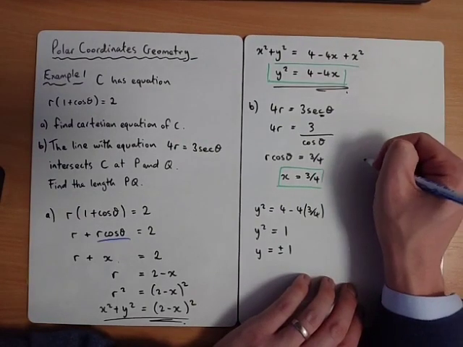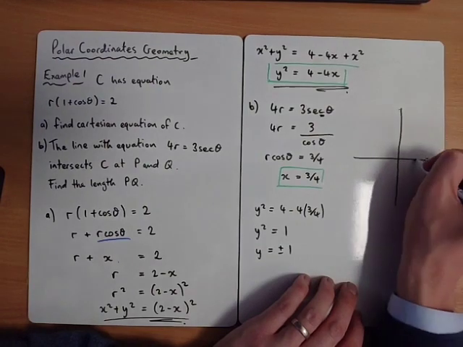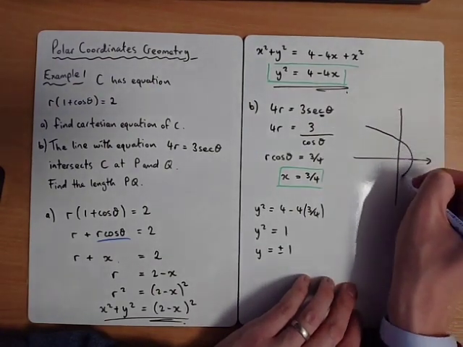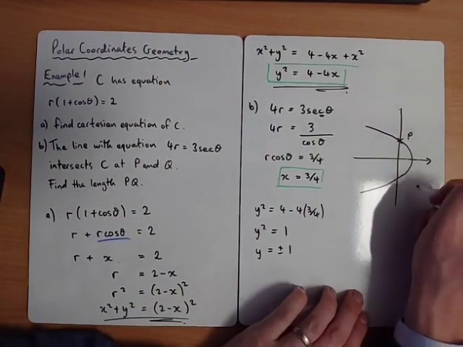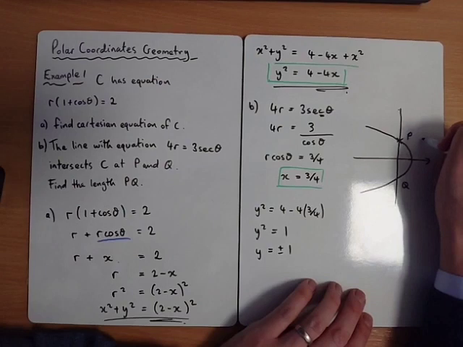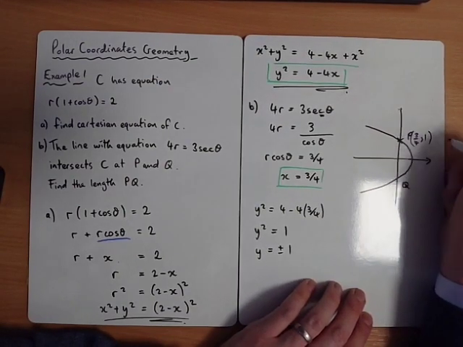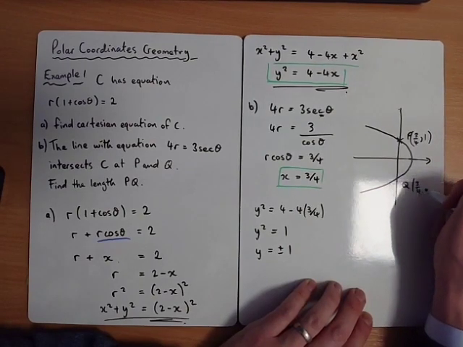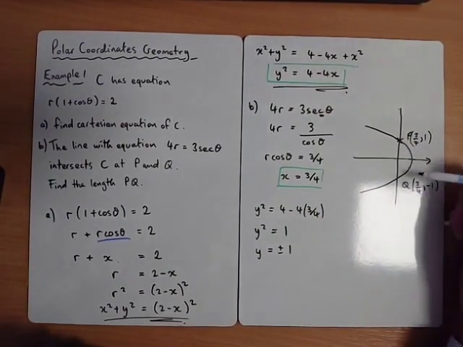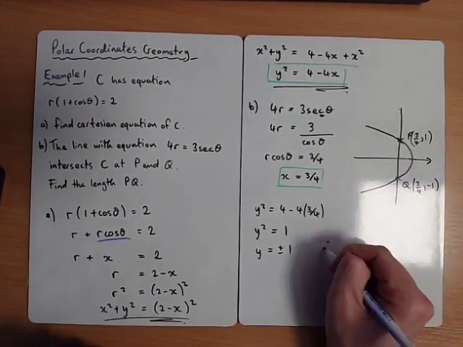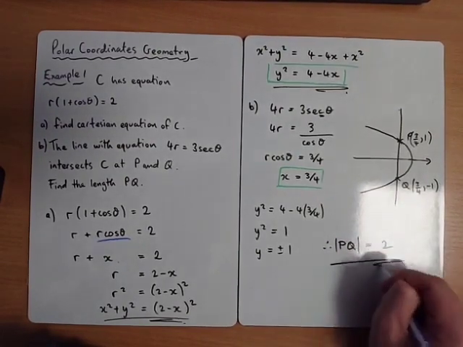And if you think about your diagram now, the question's asking, find the length from P to Q. And we know that's got a coordinate of 3 over 4, 1. That's got a coordinate of 3 over 4, minus 1. We've got the y values. We already know the x values are 3/4. So we've got the y values of 1 and minus 1. So therefore, the distance from P to Q would just equal 2.